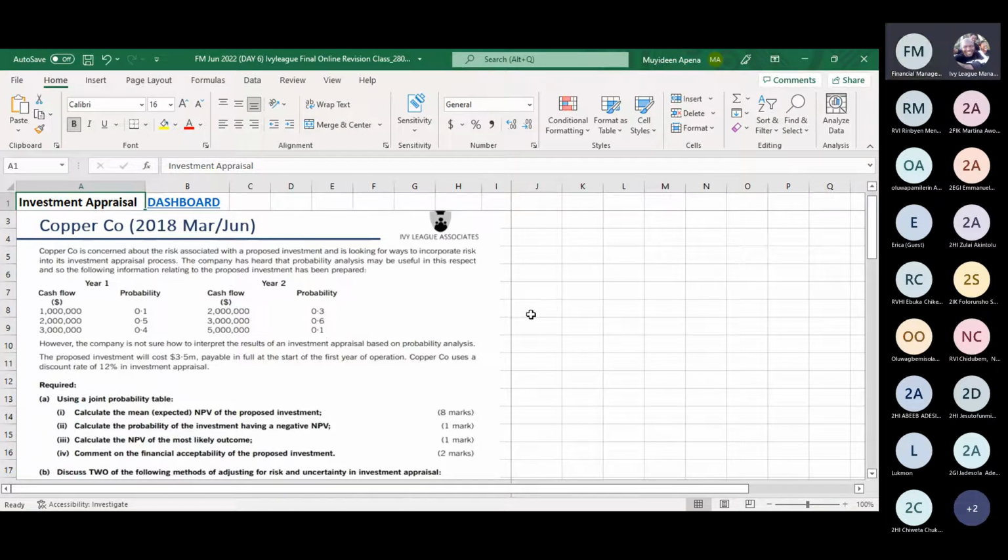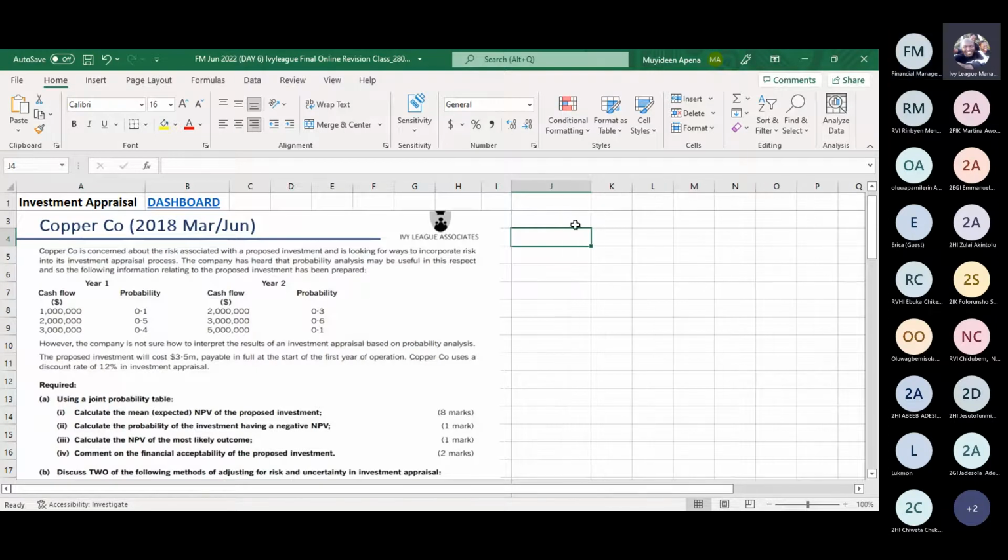Same thing in year two. They have those cash flows with their respective probabilities. The question is now saying, using a joint probability table, you should calculate the expected NPV of this project. How do we go about this? What we need to do is to treat each of these scenarios separately.